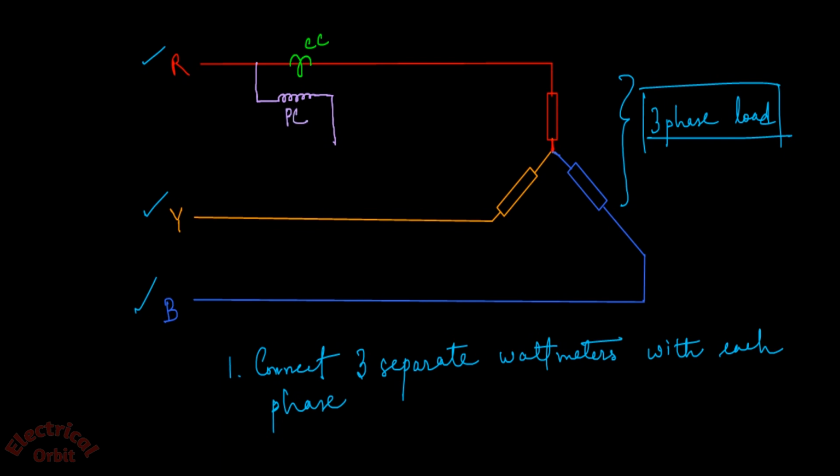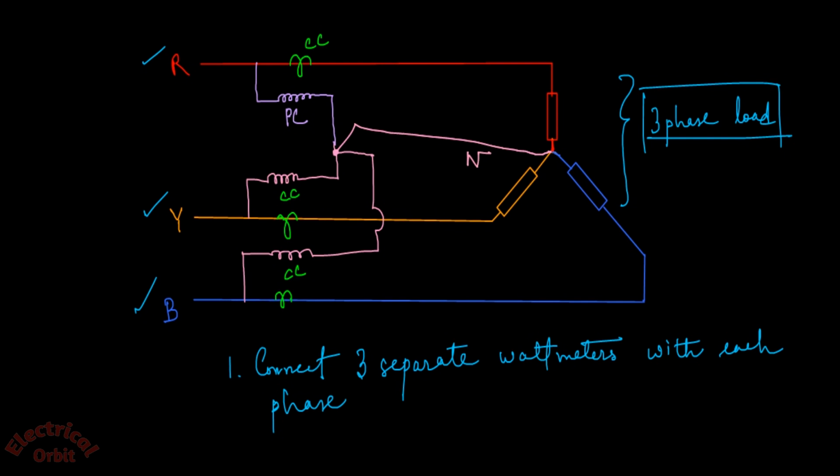Similarly, connect the current coil with the other two phases and a pressure coil in parallel with those phases, and connect all of them to a neutral connection. This is the neutral.